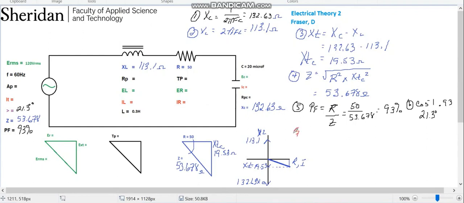We'll say step number 7, find IT, and IT would be equal to my E RMS, or my E total, divided by my total impedance, so divided by Z. So I got an ERMS of 120 volts divided by 53.678 ohms, and a total amount of current in the circuit, I have 2.24 amps. So I'll write that in there.